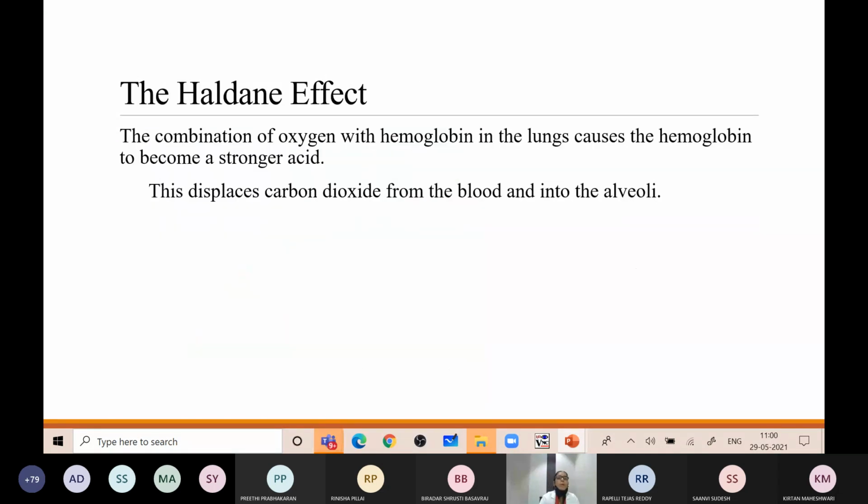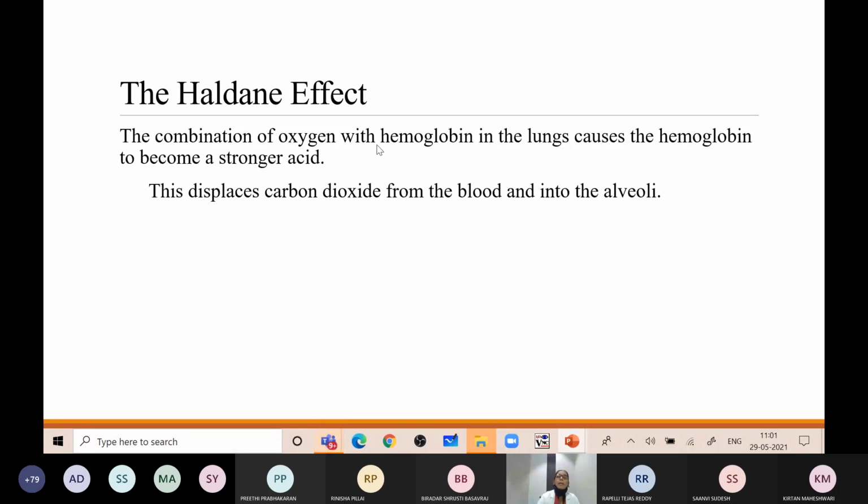Okay, so now what is this Haldane's effect? The combination of oxygen with hemoglobin in the lung causes hemoglobin to become a stronger acid. This displaces carbon dioxide.